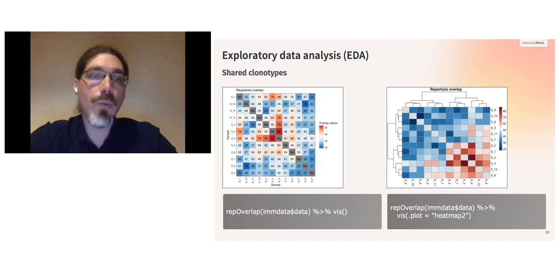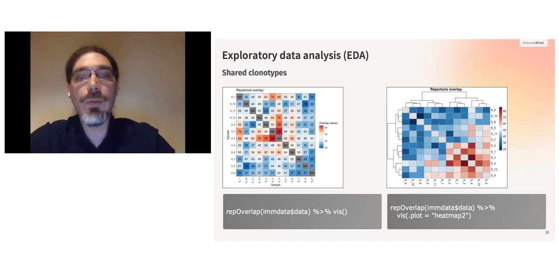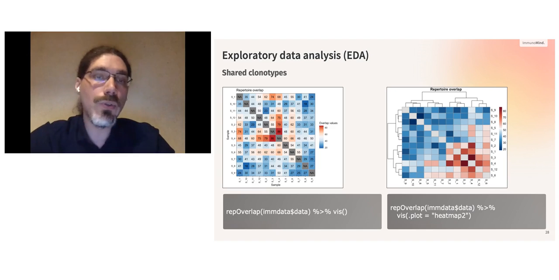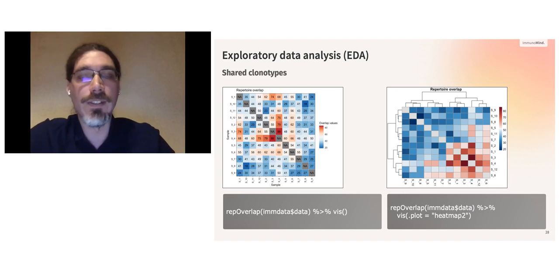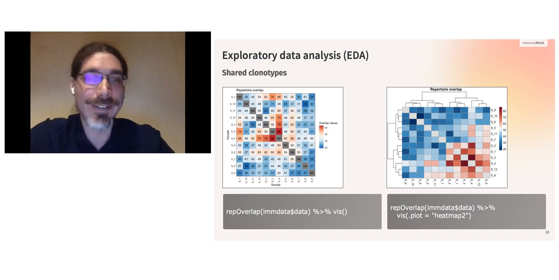So in your data, when you apply the rep overlap function with the heat map 2 visualization, you want to look for some sort of squares on the diagonal. If you look at the right side picture and at the bottom right side of this picture, you can see some sort of a red square consisting of other reddish squares.